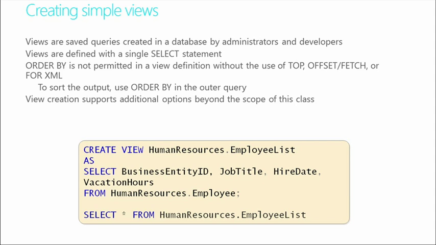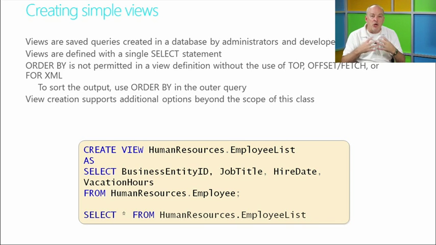So now I've got a view and I can restrict it. I may have 15 or 20 columns in the employee list, and there's probably only 4 or 5 I want some individuals to see. So I can create a view, give them permission to access the view, and the view will only return the content they have permissions to see.